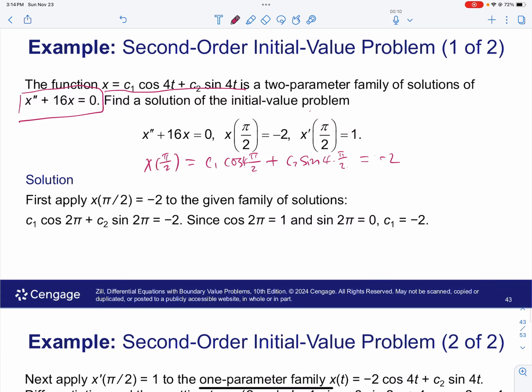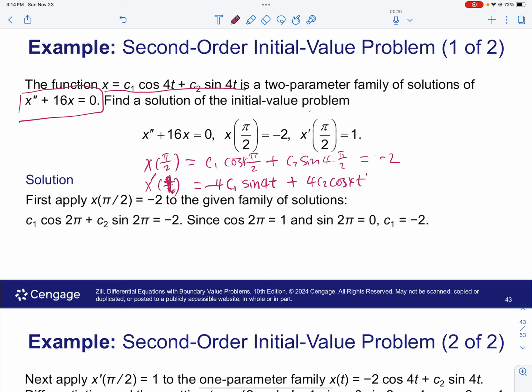And then what will be x prime of pi over 2? Do you guys remember what x prime is? It is negative 4 c1 sine of 4t plus 4 c2 cosine of 4t. Are you guys with me?